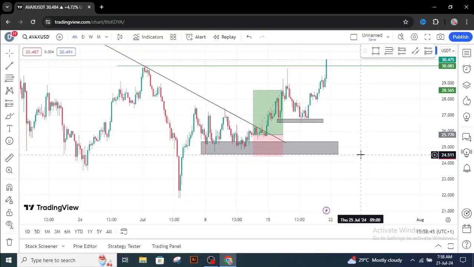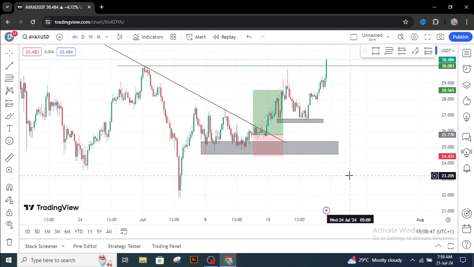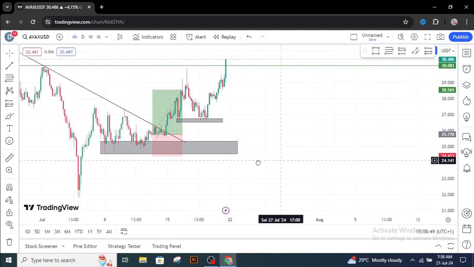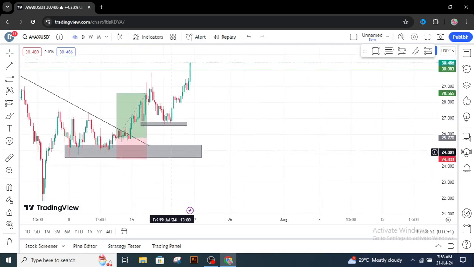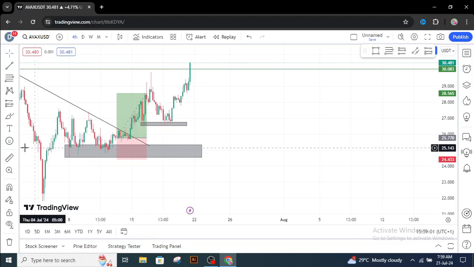Okay, so now this is my computer screen. Let me explain what I mean. Before you enter a trade, you need to be extra careful. You need to be sure that this trade is going to go in your direction. Let's say, for example, you have a trend. Let me just take my tool.